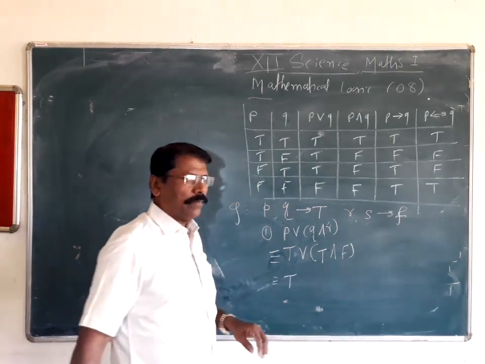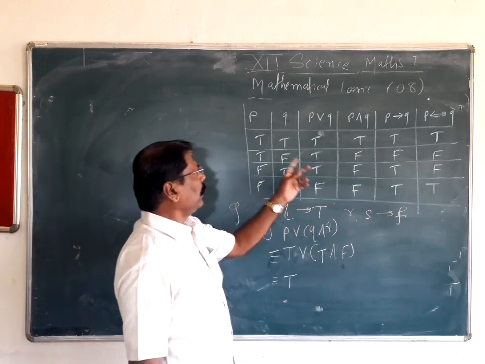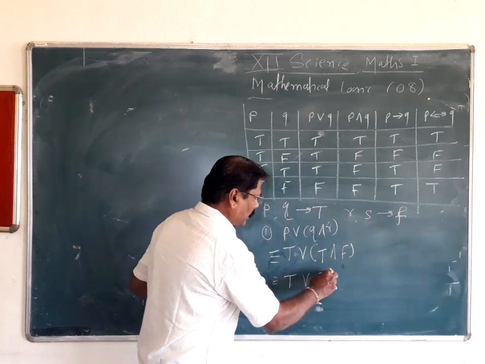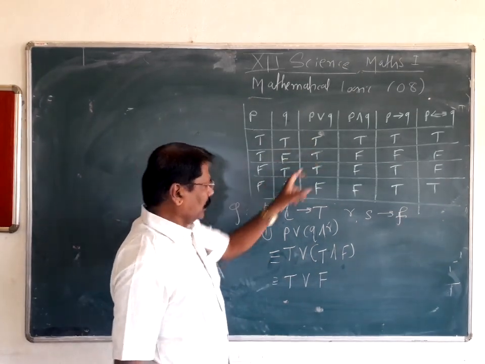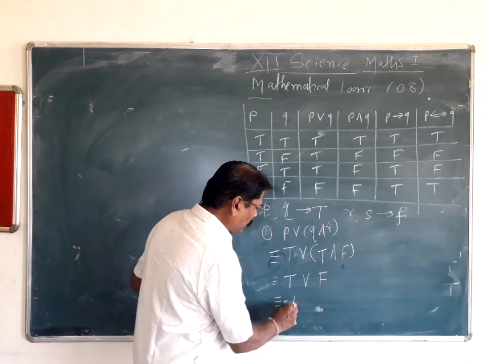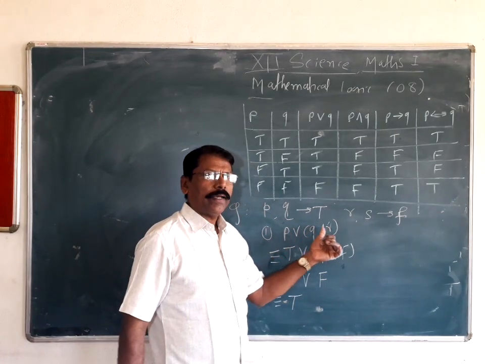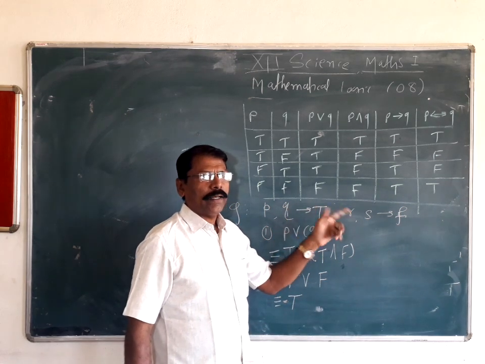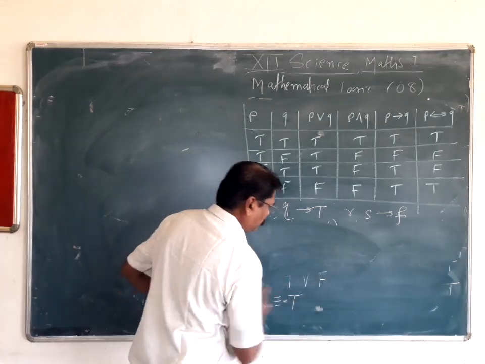You know the Bodmas rule in mathematics, so we start with the bracket. T and F is F. So this is T or F, and T or F is again true. So the truth value of P ∨ (Q ∧ R) is true when P and Q are true and R is false.